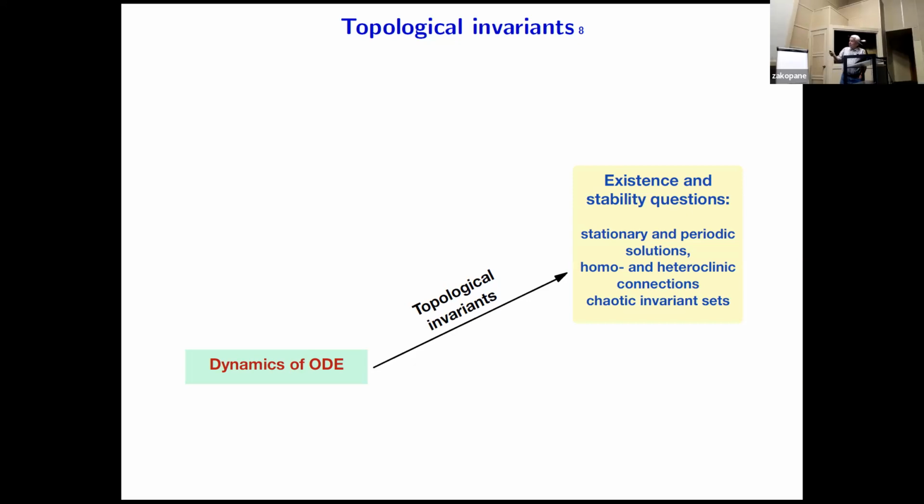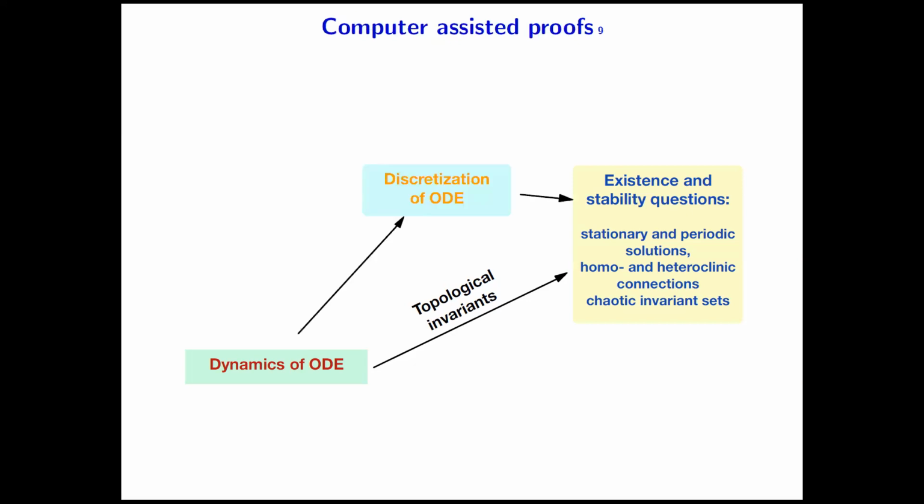So what people did, as is common in differential equations anyway, since we don't have closed formulas for the solutions, we just take a computer and make a numerical simulation.